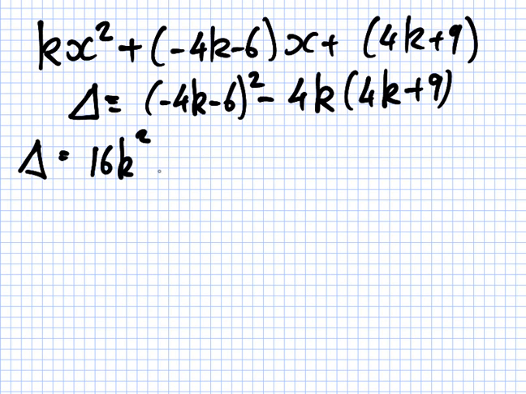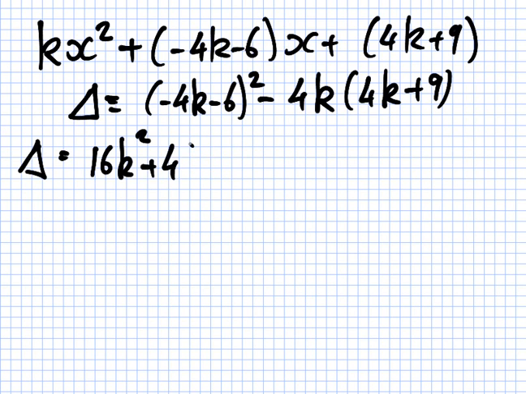b squared minus 4ac, which is 4 times 4, which is 16 times 6, which is what, like 90-something, 96, plus 96k, no. That doesn't feel right. No, hold on. 48. Yeah, 48.